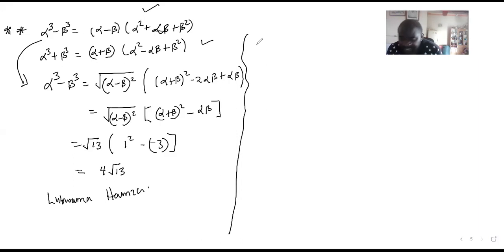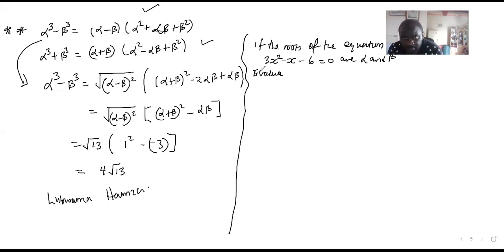There's another equation here, guys. If the roots of the equation 3x squared minus x minus 6 is 0 are alpha and beta, evaluate: A, 1 over alpha plus 1 plus 1 over beta plus 1.